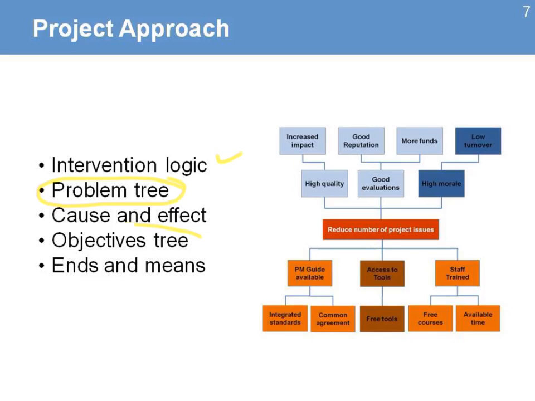Look at the objective tree for the ends and means, meaning what are the elements that need to happen in order to achieve the specific results of the project. Also look in this area, maybe the areas that the project decided not to include in the design. This is important because they will provide you some additional information about some of the logics and decisions made during the design of the project.